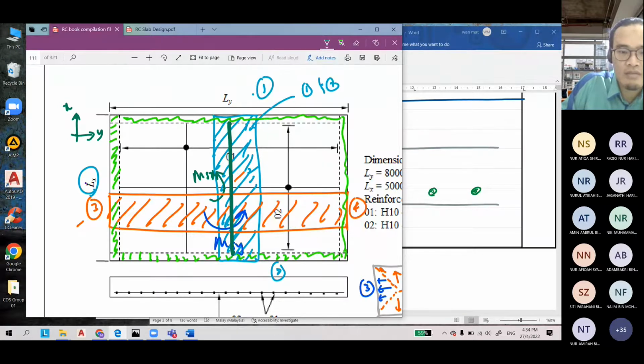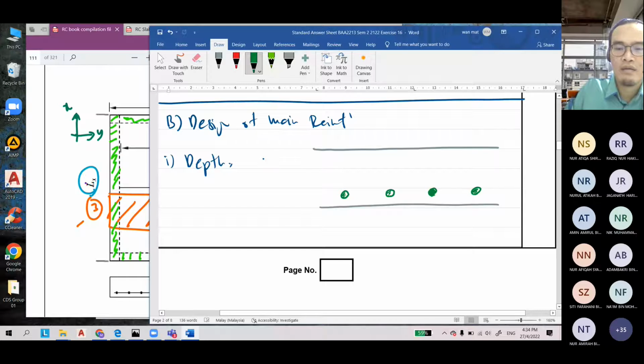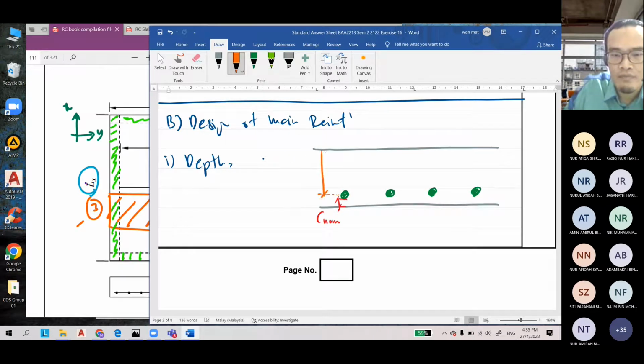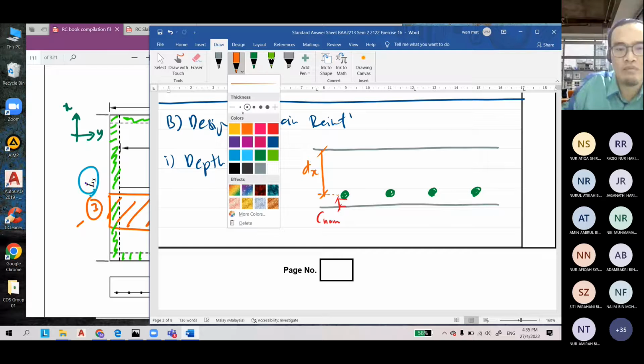Later they will arrange what is the size of reinforcement and what is the spacing. This is the green color here. I hope you can see, because here to here is your C nominal. So your D is this orange color, this is your Dx. And then let me use the blue color.